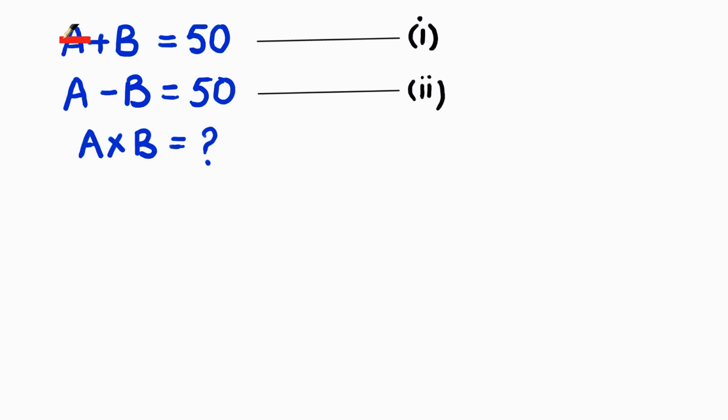Dear student, first of all, we will add these two equations to eliminate the value of b. Such as, if a plus b is equal to 15, a minus b is equal to 15.